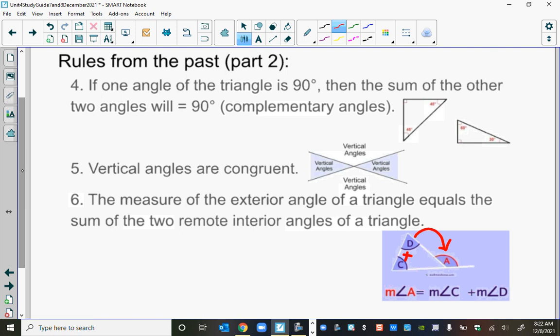Also in your triangle, the two angles that do not touch the third angle, you add those two angles up. It's going to be the same value as the angle that's outside, exterior to your triangle.